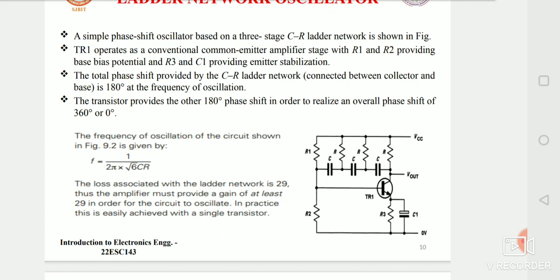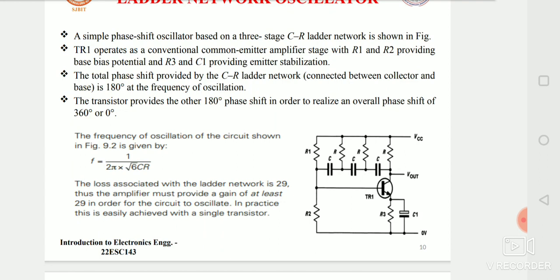So in order to make the transistor act as an amplifier, the Q point should be selected in the active region so that it will produce amplification and 180 degree phase shift. So in this, the total phase shift provided by the CR ladder network connected between collector and the base is 180 degree at the frequency of oscillation.